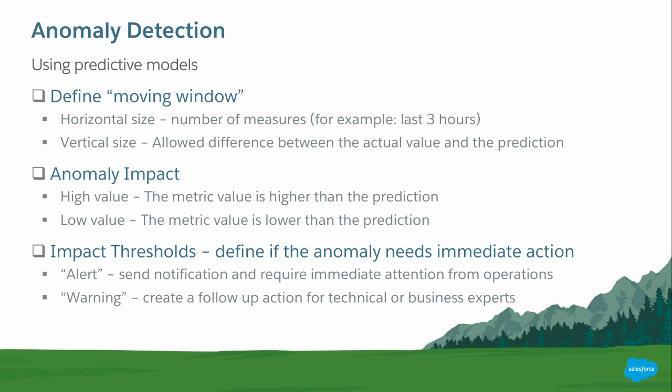Based on that, you can decide whether the thresholds are big enough to require immediate attention, so you can separate them into alerts and warnings. You can also decide which team receives it based on the difference between the predicted value and the real value.